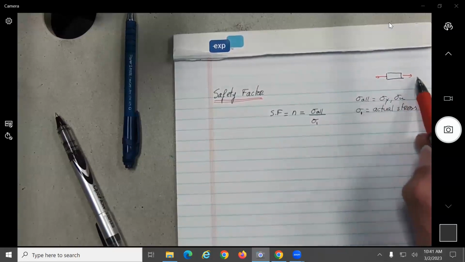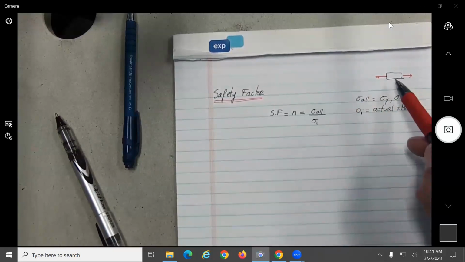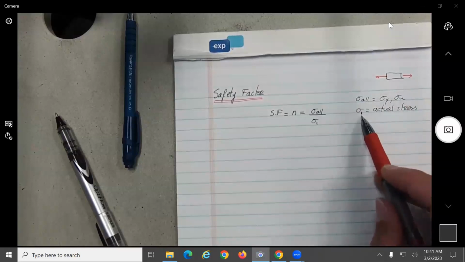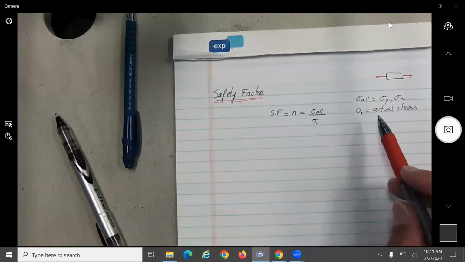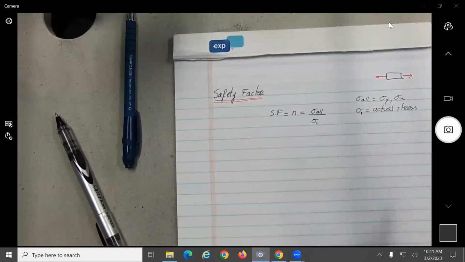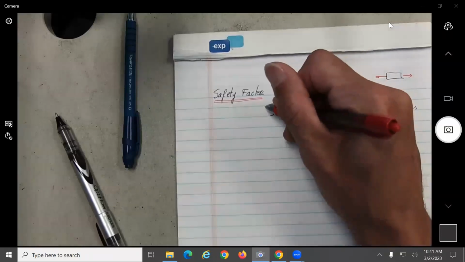So these values are obtained along one axis of the element. We cannot compare just to any X and Y. We need to compare it to the stress, which will also be in one of the longitudinal axes. So we put this. Okay, it's very simple.